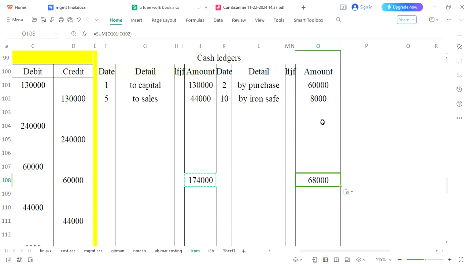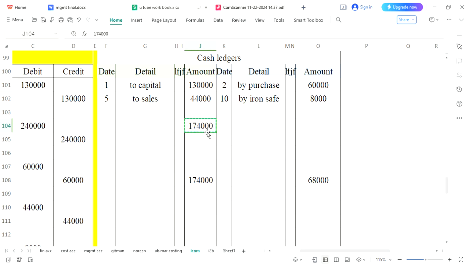Then you will choose the larger side. Which one is larger amount? You have 68,000 and you have 174,000. Choose the larger amount. Larger amount is 174,000. So what you will do, you will write 174,000 on total of both sides.